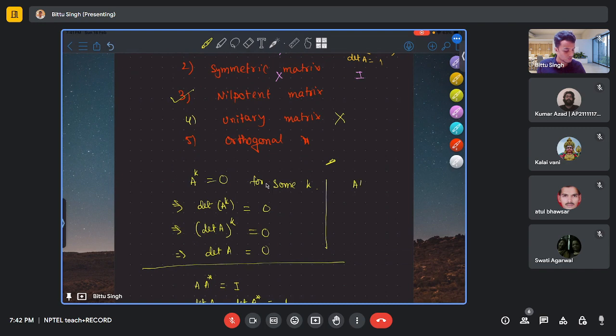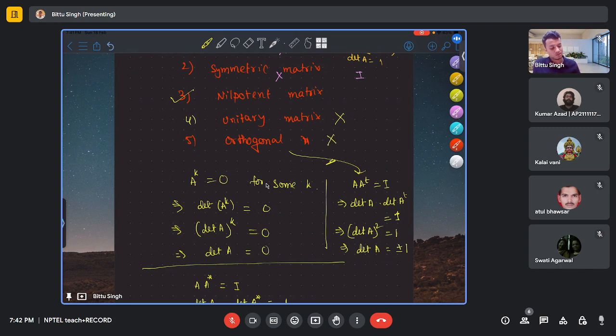And another thing, what about an orthogonal matrix? Orthogonal matrices are those matrices for which A times A transpose is identity. And if you apply determinant, then determinant of A times determinant of A transpose is 1. But what does this mean? Determinant of A transpose is same as determinant of A. Therefore, determinant of A squared is same as 1, which means determinant of A will be either plus 1 or minus 1.